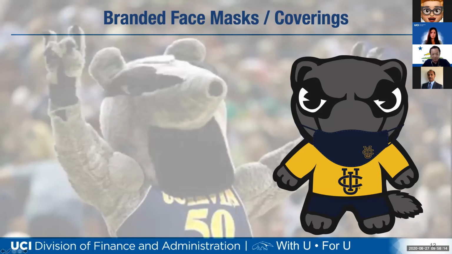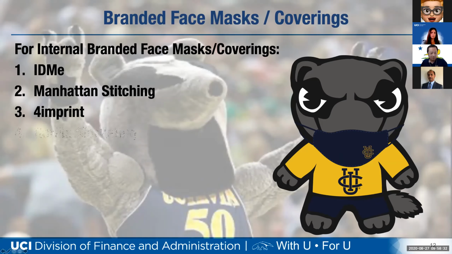And so I've spent a lot of time recently making sure that the only companies that are able to make branded face masks for the campus have been vetted, and they have to produce a list of manufacturing companies that they use to get those face masks. And at this time, there are 4 internal licensees that can provide branded face masks to the university, and they're ID.me, Manhattan Stitching, 4imprint, and Guerrilla Marketing.